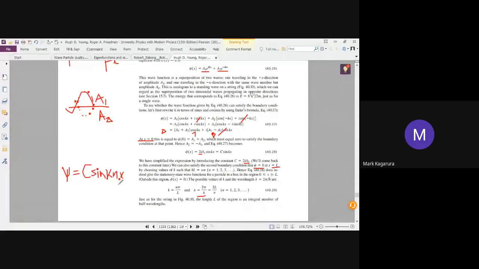But if we equate this to 0, so we already know that C is not 0. So C is not 0. That means sine K C.